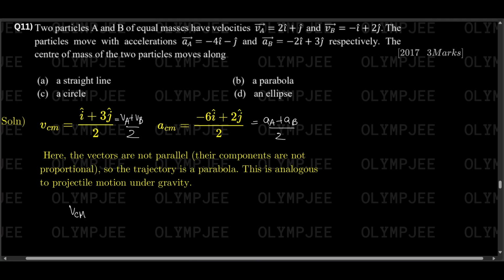So VCM is equal to i cap by 2 plus 3 by 2 j cap, and the acceleration of the center of mass is -3i cap + j cap. So you can see that these are not multiples of each other, so they are not parallel. So the trajectory will be a parabola, since the initial velocity is not 0 and is also not parallel to the acceleration.